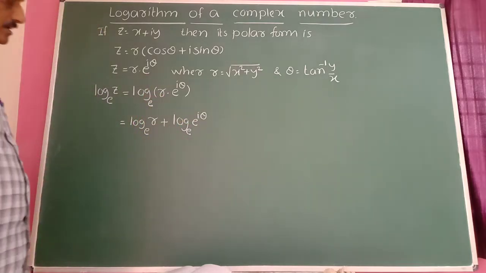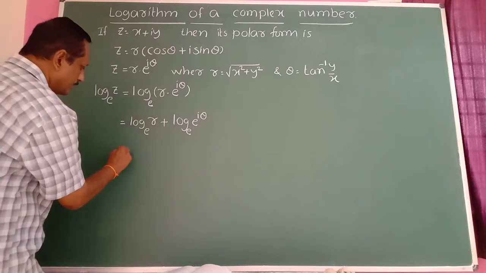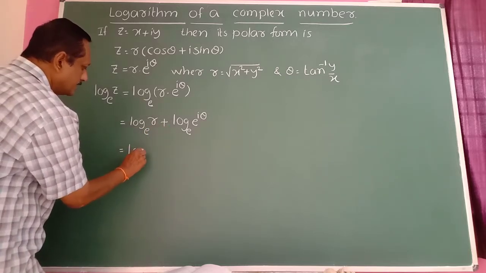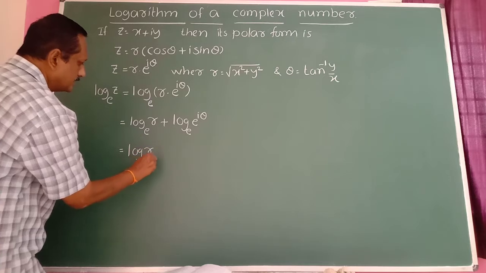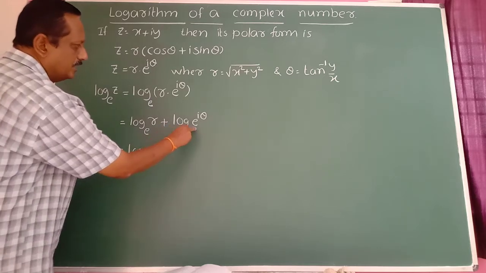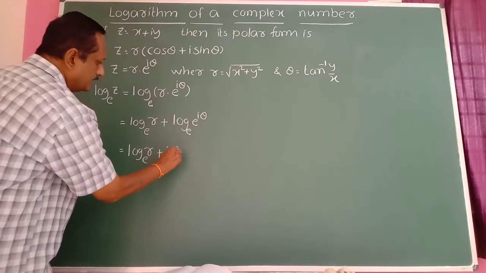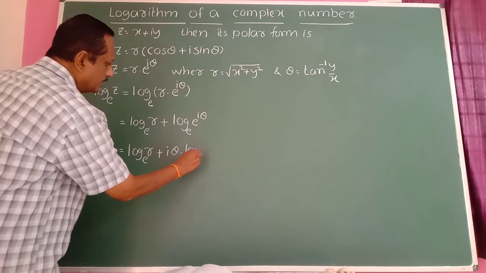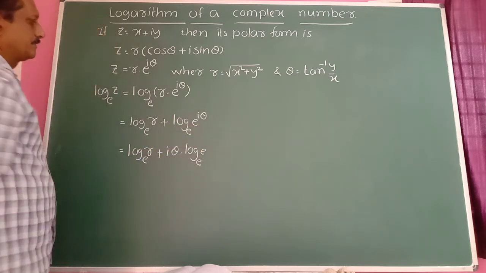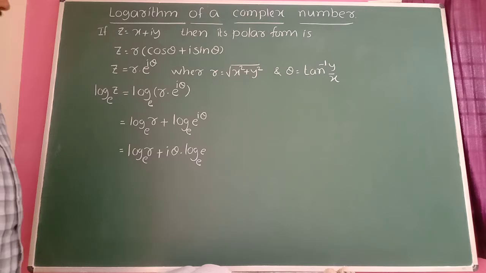And again using the logarithm property, keeping log r as it is, log r to the base e plus i theta into log of e to the base e.